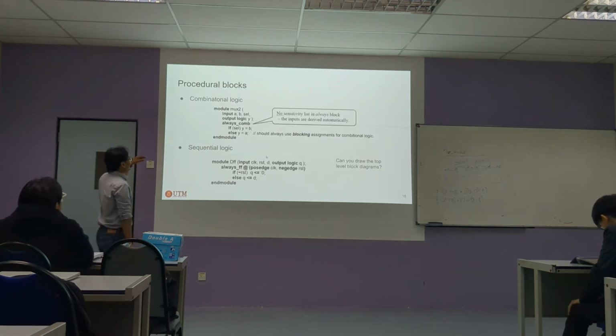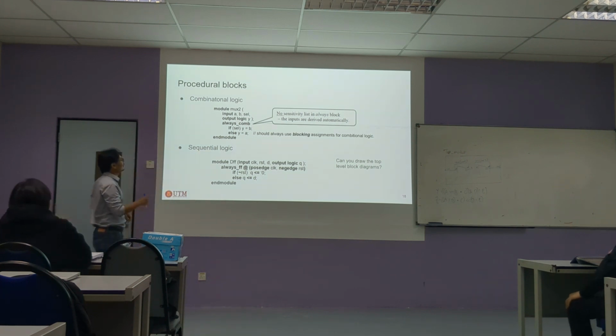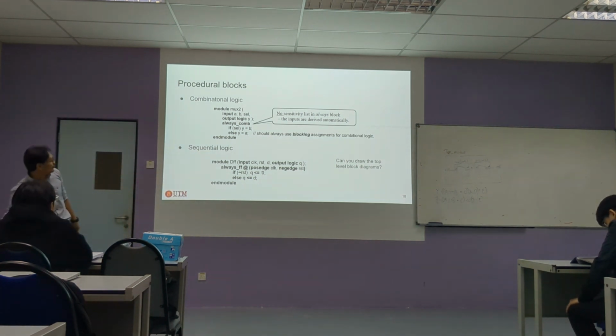Okay. So this is a nice feature. I think it's a very nice feature of SystemVerilog. So previously in Verilog you always have the always, and then you have the sensitivity list, right? Always at, and then you have the list.